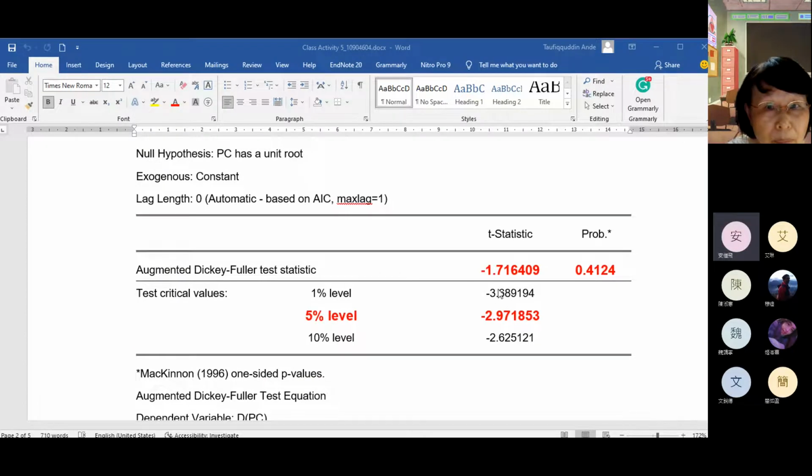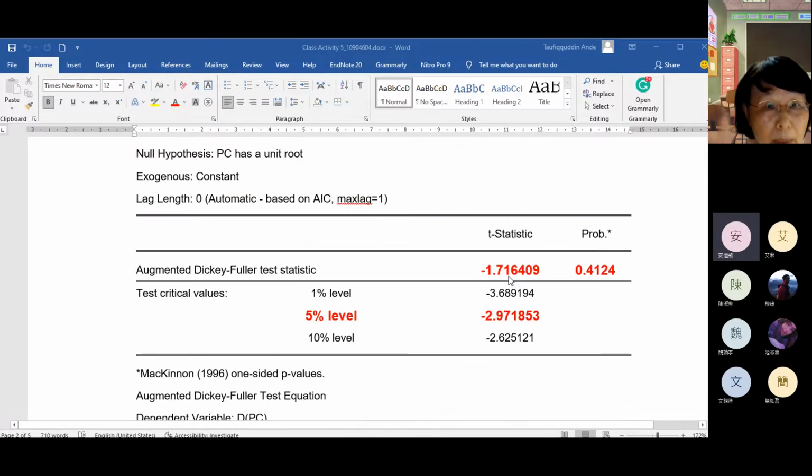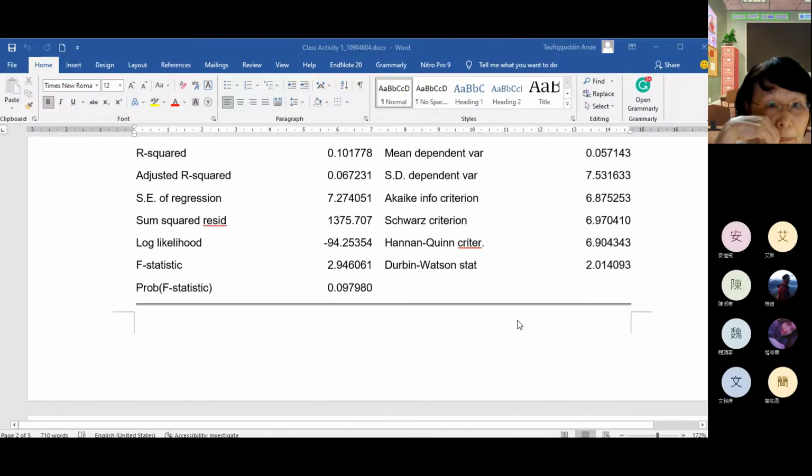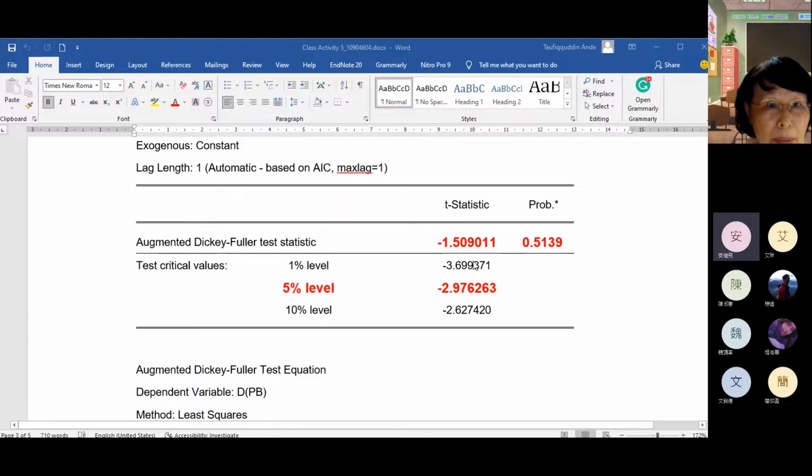This one for variable Y is 6263. Let me see the Y variable again. This one is different, in the last four digits. So the critical value is different. This one is for variable E. Okay, let me see the other one, PB.